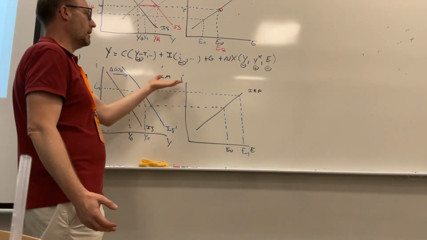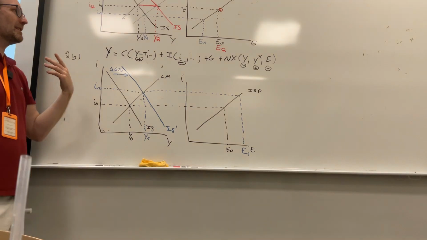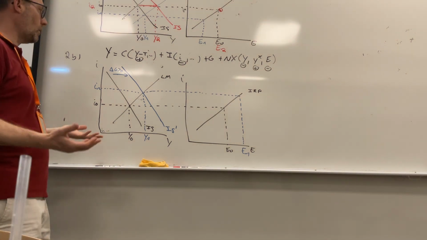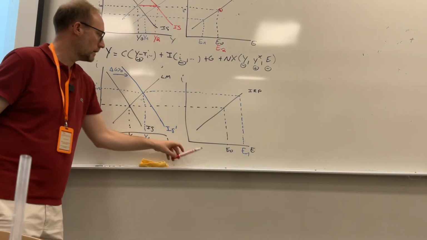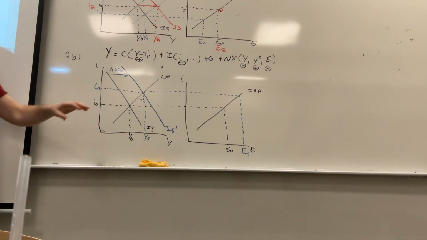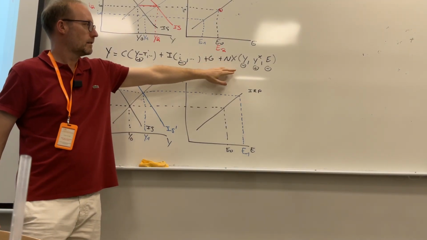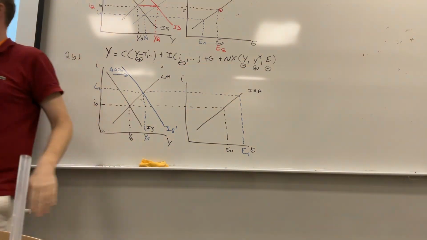This makes Vietnamese goods expensive for them. Exports are going to go down. And for us, we get more foreign currency for our dong. Goods from abroad are going to be cheaper, so our imports are going to go up. Both of these together are going to reduce net exports.